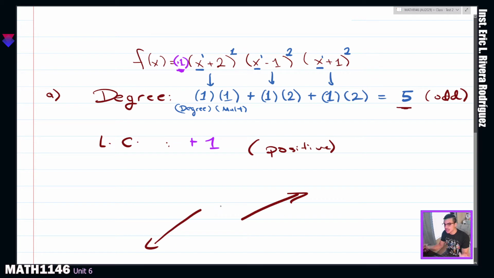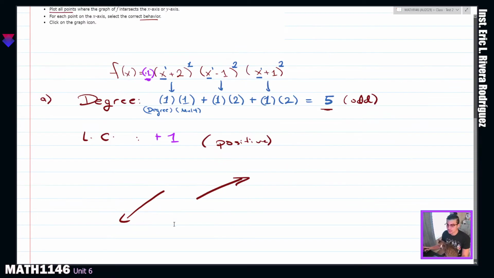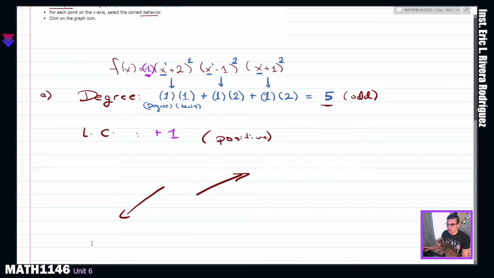The shape is similar to a cube function graph shape, but we do not know exactly what's happening in the middle because the degree is 5. But for sure, we know the end behavior of the graph. Okay. All right. So that's A.